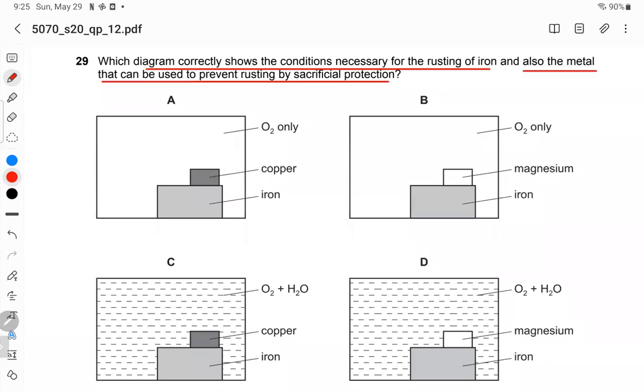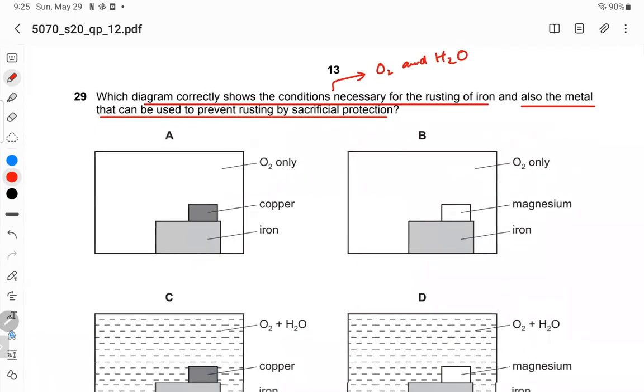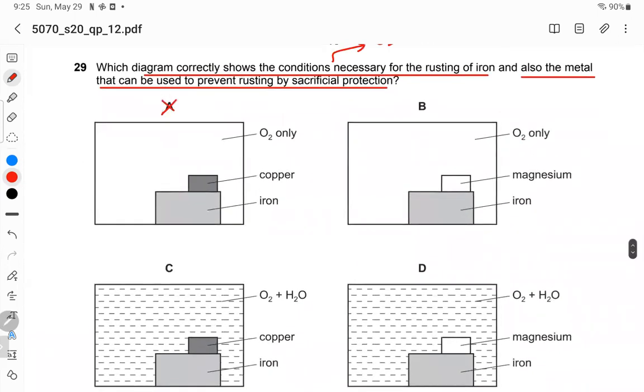Okay, and if you recall, the conditions necessary for rusting are oxygen and water, both. So I am able to mark A and B wrong, because there is no water.